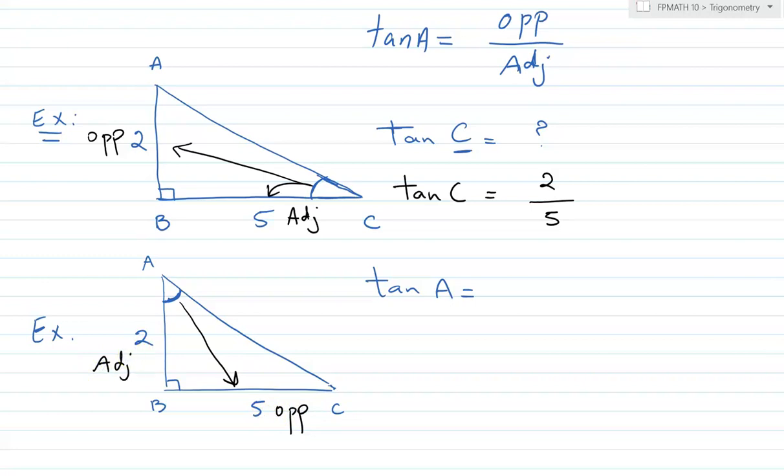So again, it matters what angle you're looking at, so the ratio can change. It's relative, so make sure that you pay attention to that. For angle A, opposite is 5, adjacent is 2, and you're dividing 5 by 2. Now if you really want to, that's 2.5, but you can leave it as 5 over 2. Okay, that's it.